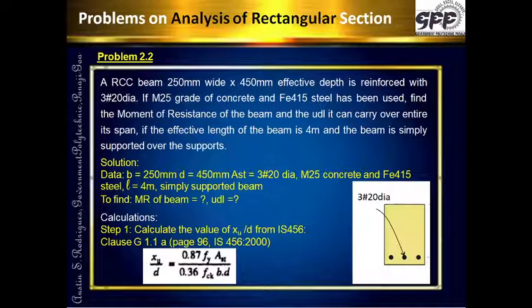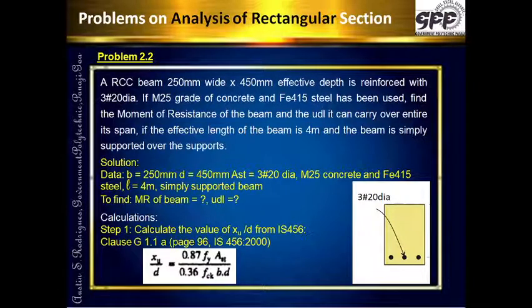So now this problem expects us to do something more than just the previous problem. In the previous problem we had to just find the capacity of the beam, we had to find only the moment of resistance, but now we have been given a realistic problem.